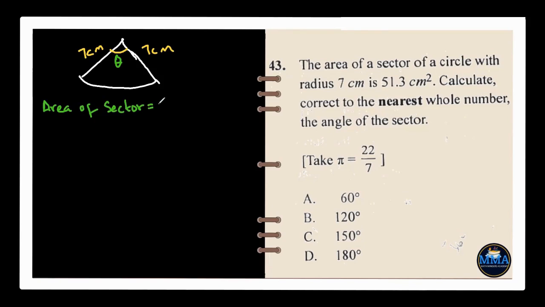Area of sector is given as theta over 360 times pi r squared. Now, with this, we will say theta over 360 times pi, which is 22 over 7, r is 7, r squared equals 51.3.